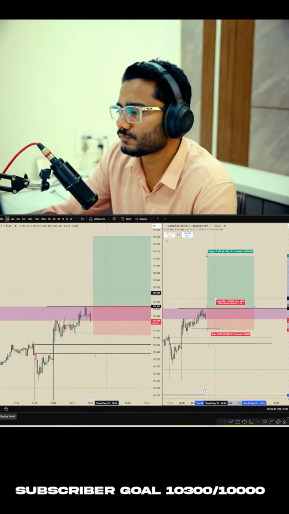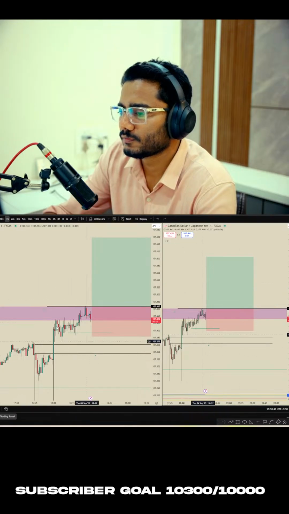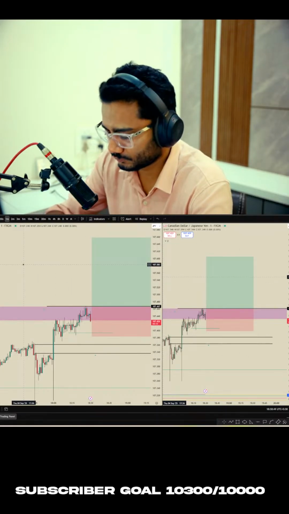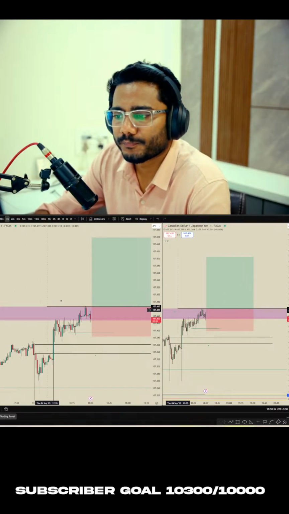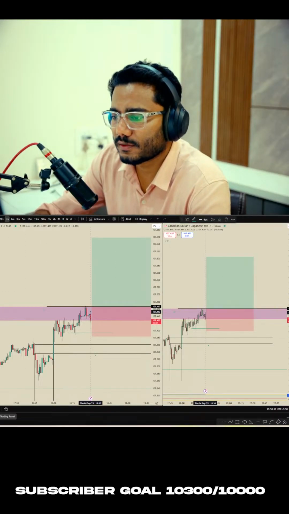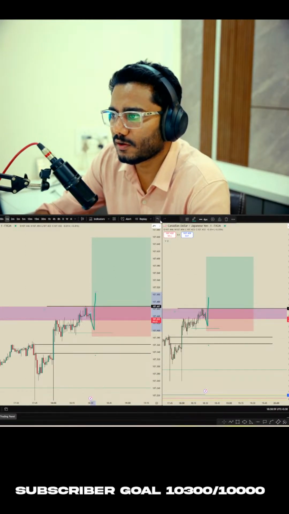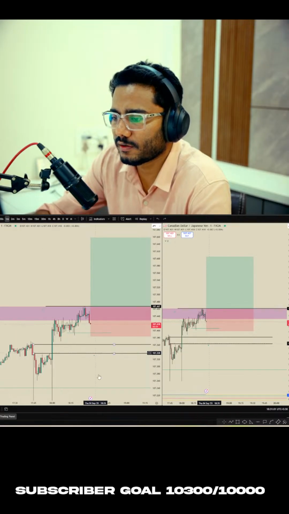Okay, nice. We want instant momentum to the upside, taking out this candle. That's when a real breakout will come.